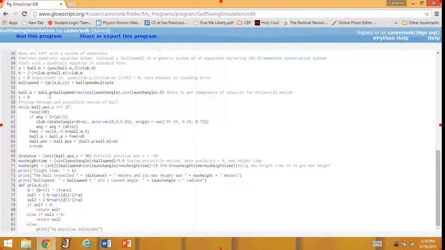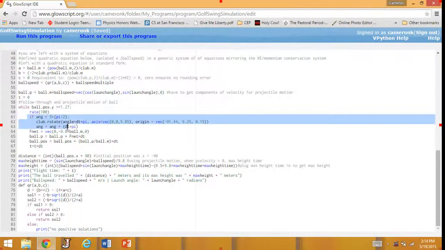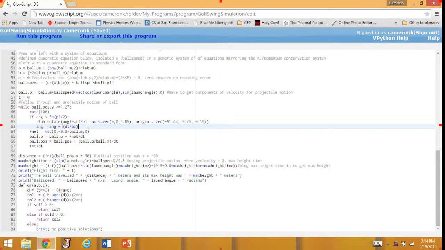While that is true, once again setting it to real time, I do an if statement to isolate the motion of the club from the motion of the ball, and I just utilize the same code as I did for the backswing and the downswing. This time just increasing the angle until pi over 2, which will get us to the same position as the top of the backswing, just the other way around.